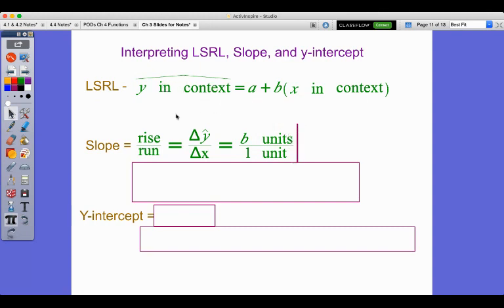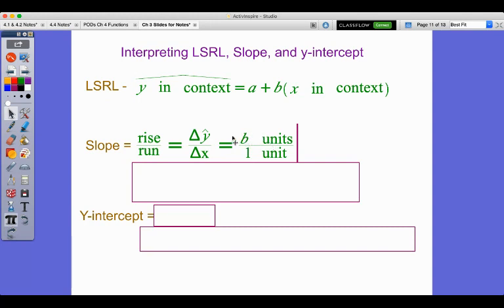So you can literally write your sentence interpreting this, because that's what we want to talk about, interpreting slope, okay? So as my x changes by 1 unit, my y is predicted to change, and really you should say increase if b is positive, or decrease if b is negative, by b units.